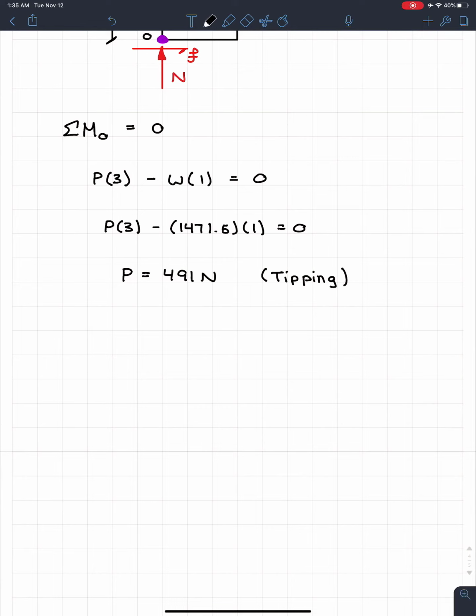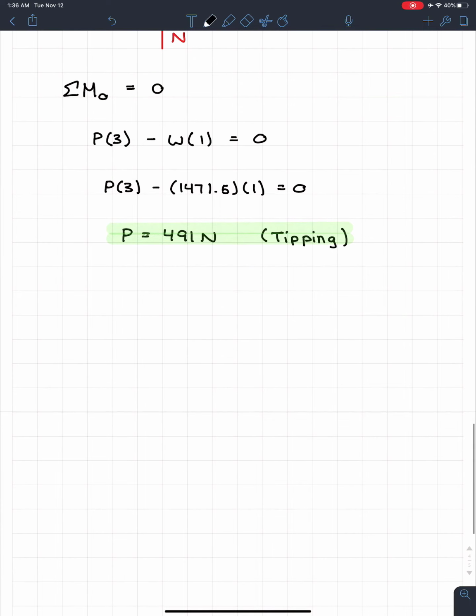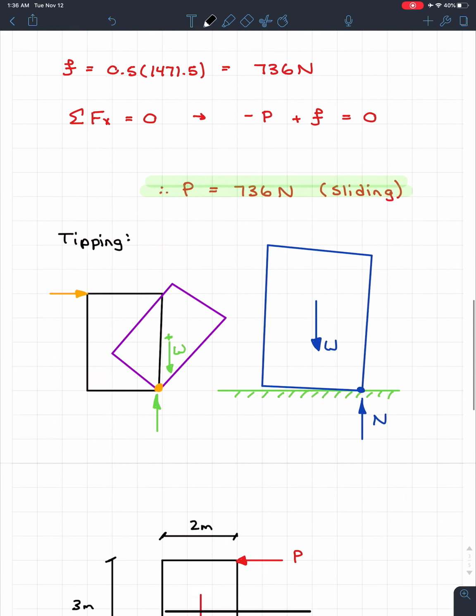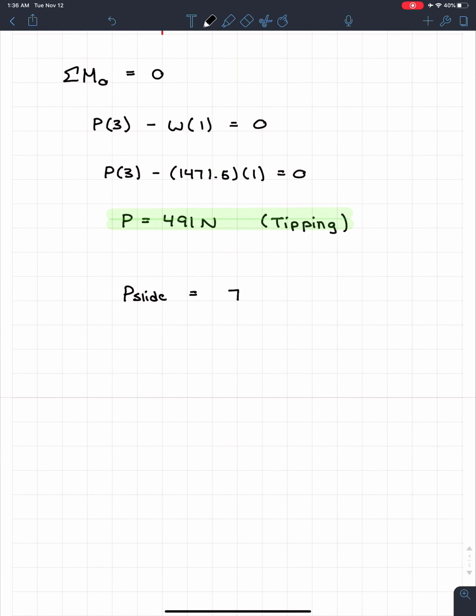Now we're going to make a chart to compare. I'm going to highlight this because, just like before, this is a very important value in our question. Let me create a little summary. We've got P slide is equal to, looking up, 736 newtons. And P tip is going to be equal to 491 newtons.